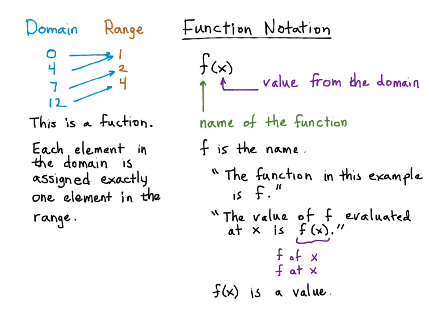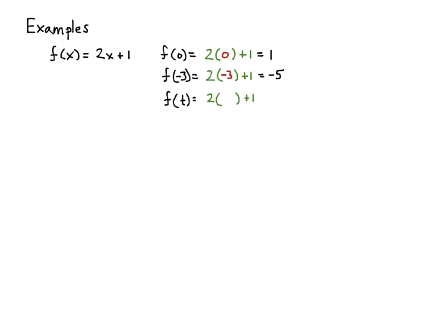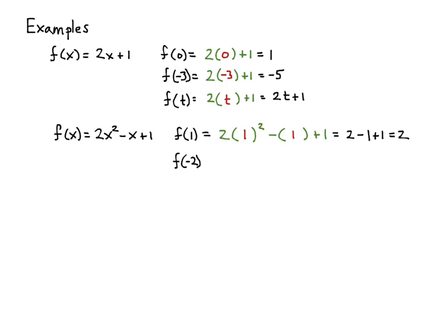So you can say f of x or f at x, they're both used. And I gave you a couple examples here where we just basically dropped in values. We can drop in variables or expressions as well.